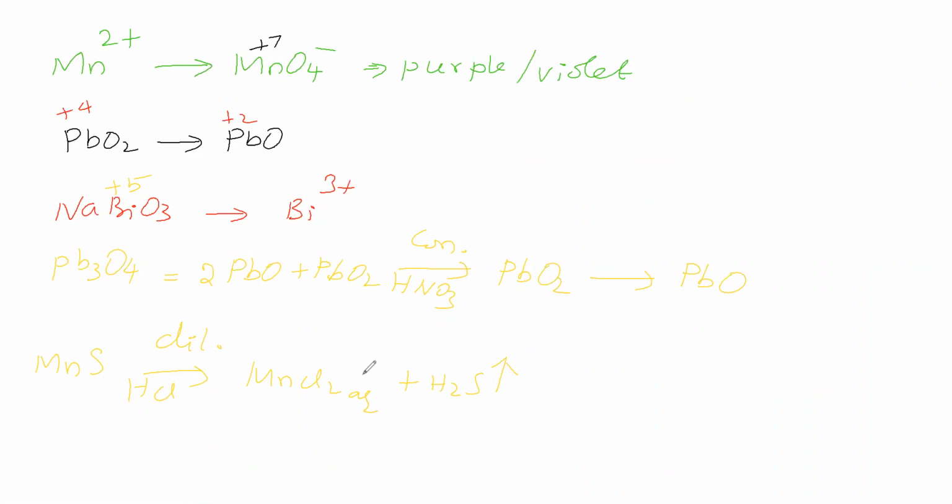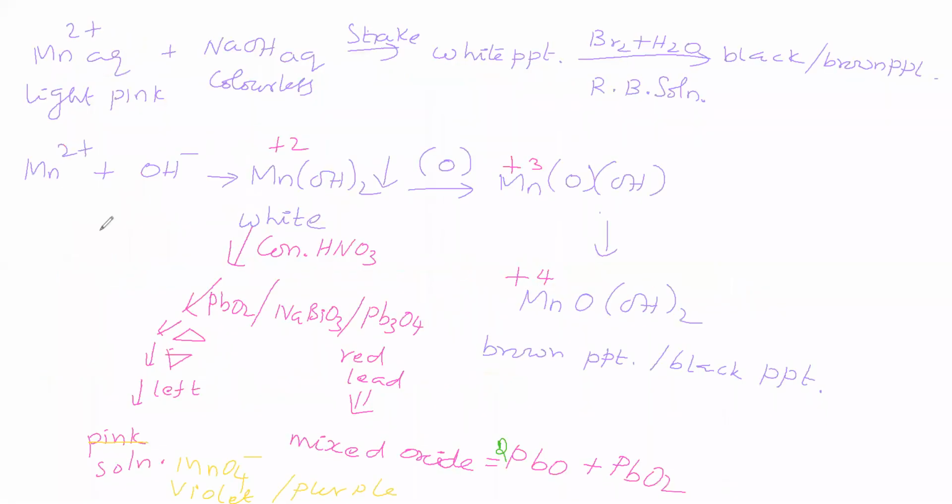So Mn2+ becomes MnCl2 and goes to solution, and sulfide becomes H2S gas. Sir, so what anion is present here? Cl minus is the anion present.